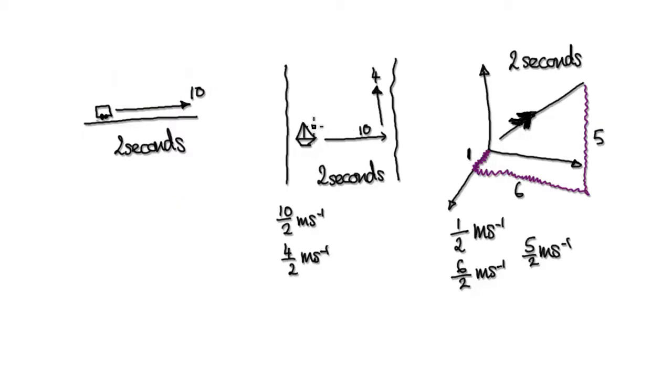Let's say you've got a boat traveling across a river and the water is flowing in this direction here. Let's say the boat is able to travel from here to here in 2 seconds. Then you can say, well, in the x direction, you've done 10 meters in 2 seconds, so you can say the speed is this amount in the x direction.